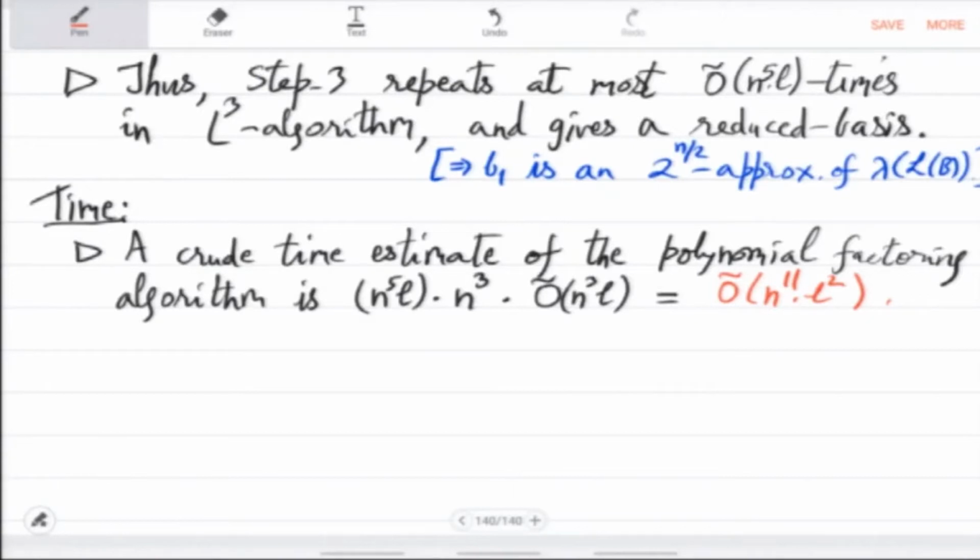You can optimize some parts of it, but you cannot make it very fast, at least not theoretically. But on practical instances, it is known to work well. Okay, so this is used in practice, some version of this. So this comes from the number of repetitions.